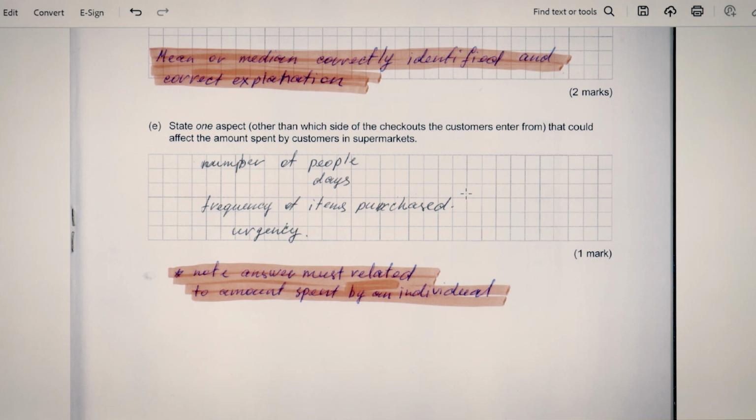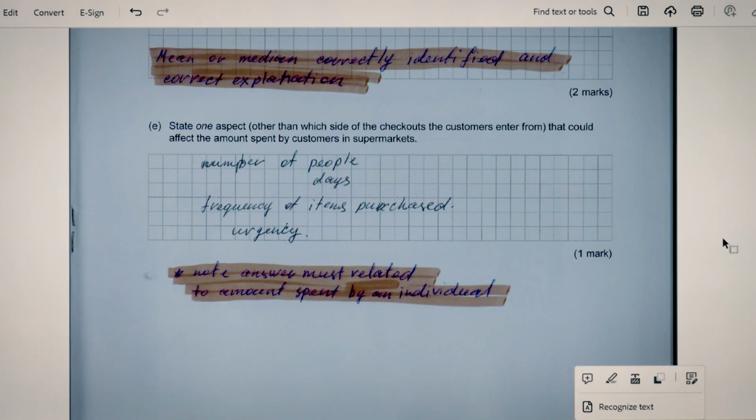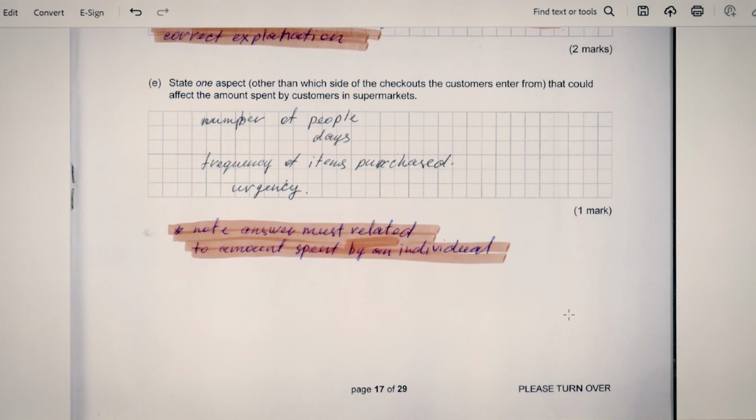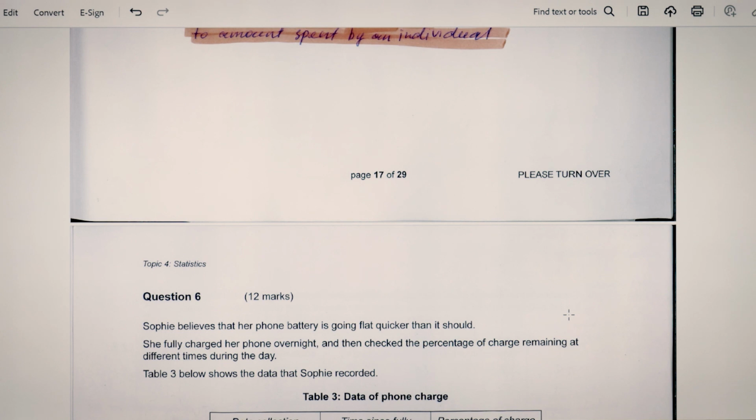It's the number of people going during the day, the frequency of items purchased. So the answer must be related to the amount spent by the individual. Any reasonable answer gets a chance, and it's only 1 mark here. So question 2 in stats done.